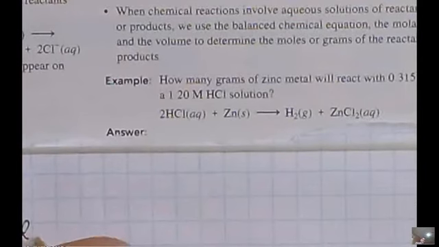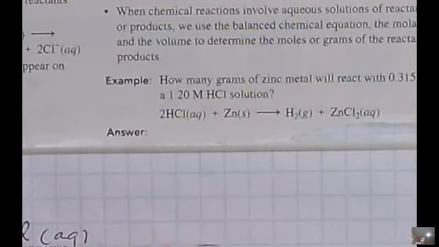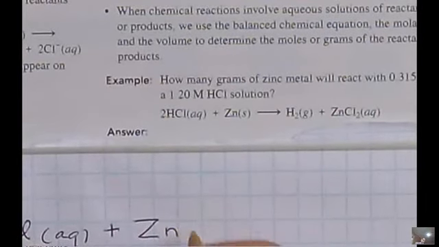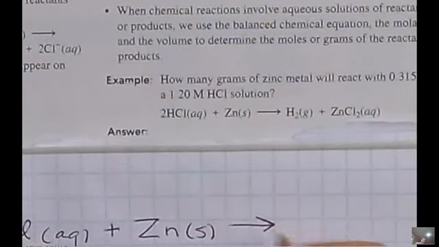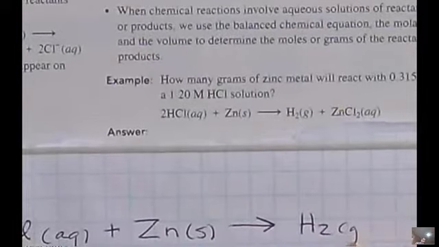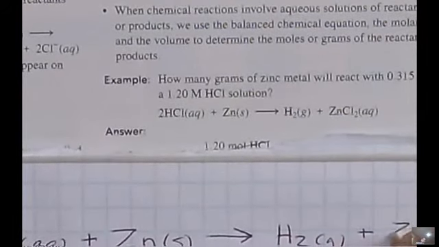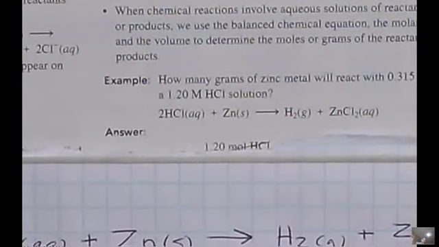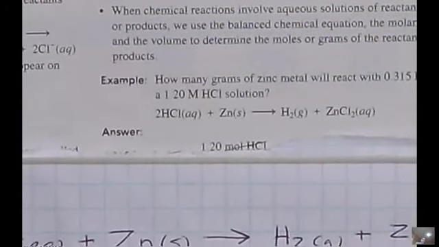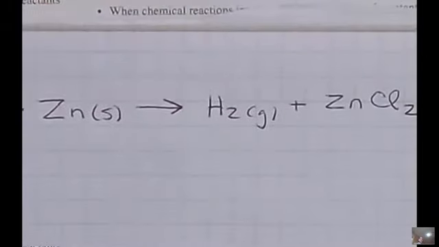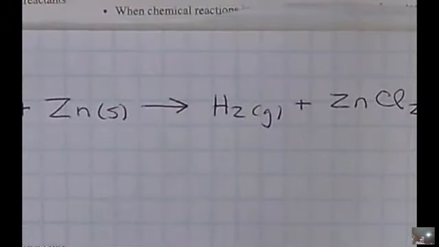We're going to dissect it just like we did in chapter 9, the stoichiometry chapter. I think we might have even done this one. Only we're going to take one more new tool, and that is moles is molarity of a solution times its liters. So this is the overall balanced equation.